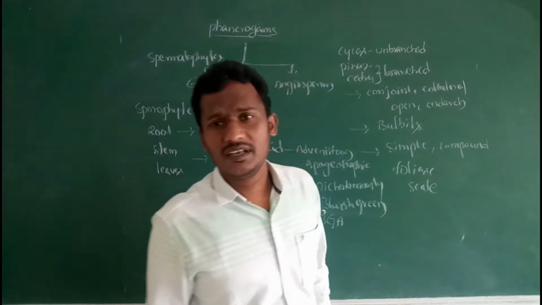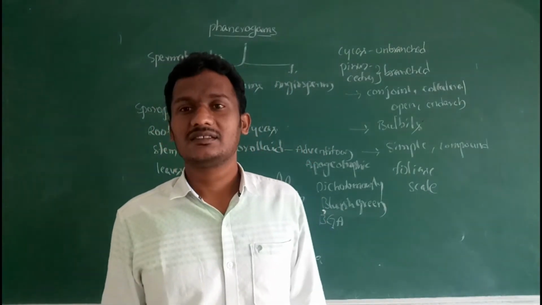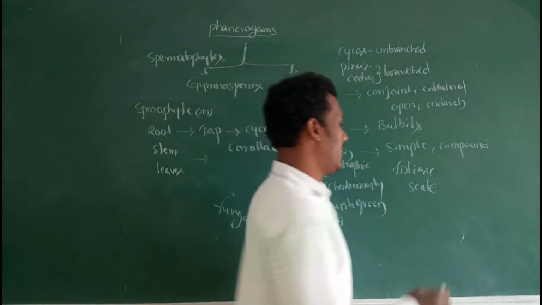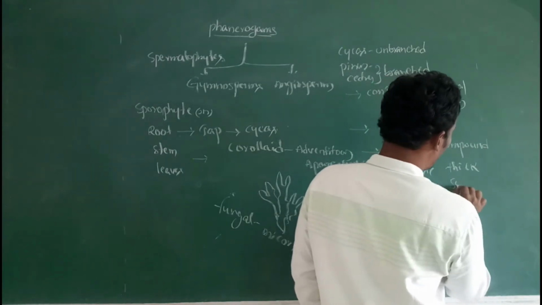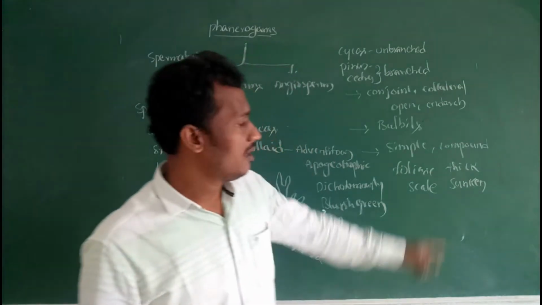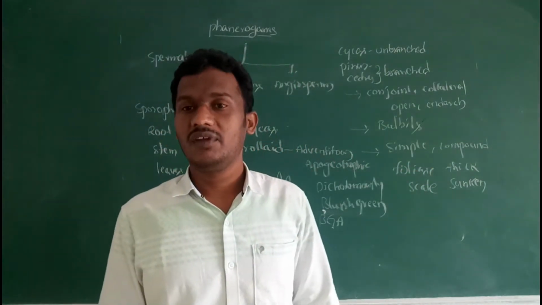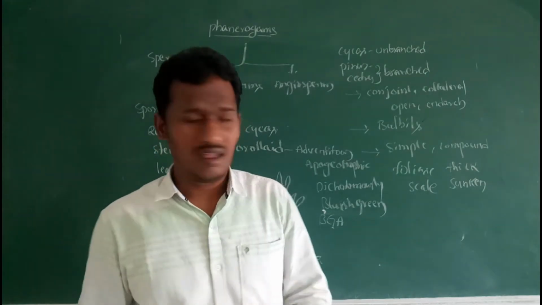On the surface of the leaves, a thick cuticle is present, and the stomata are sunken. These two features are very useful to reduce transpiration, that means water loss.